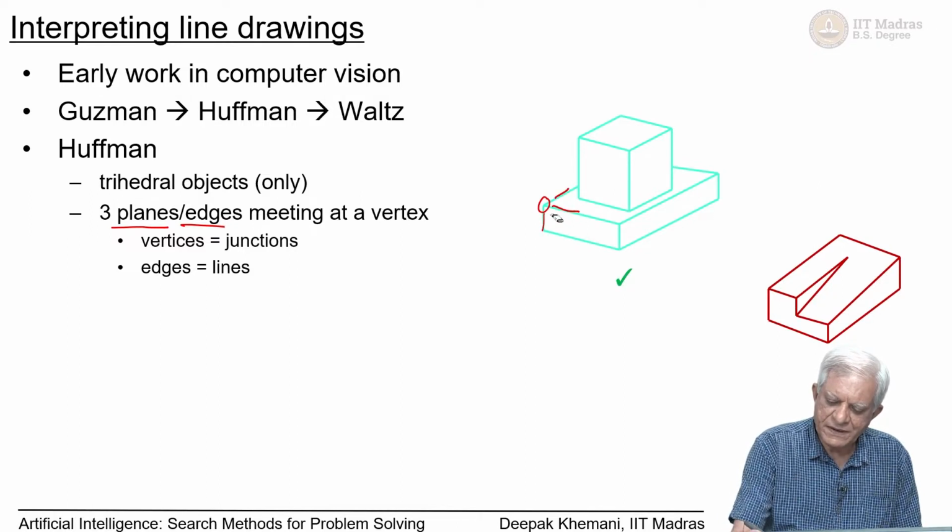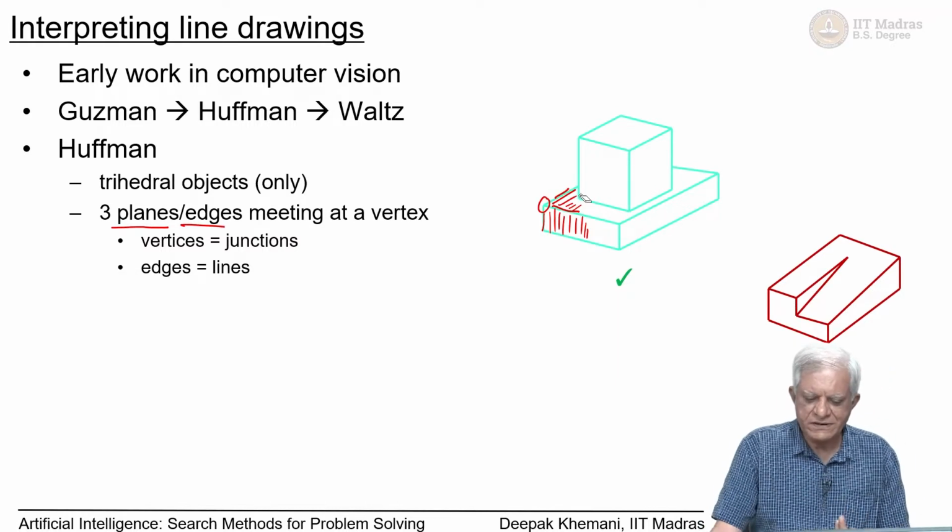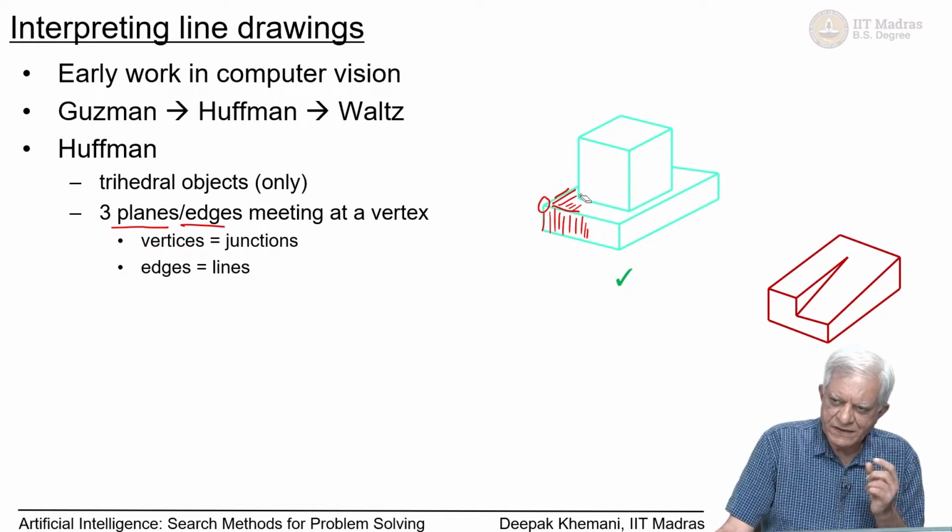It also has 3 planes, of which you can see 2. So, this is one, this is another, and there is a hidden plane that you cannot see, which is the third. So, in a trihedral object, at every vertex there will 3 planes will meet or 3 edges will meet. Vertices are the junctions in these line drawings, and edges are the lines essentially.